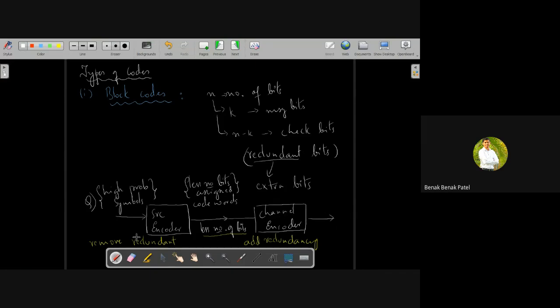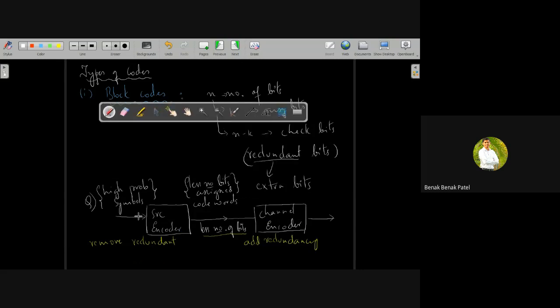Now in the very first part, we are trying to remove redundancy, and in the very next part, we are trying to add some redundancy, or bring in some extra information. There is a difference between these two. In the very first source encoder stage, we have no control over this redundancy.